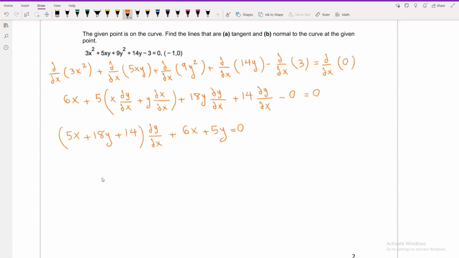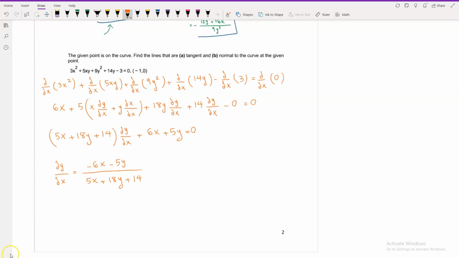Now solve for dy divided by dx, and here we have 5x plus 18y plus 14 times dy divided by dx plus 6x plus 5y equal to 0. So dy divided by dx is equal to negative 6x minus 5y divided by 5x plus 18y plus 14.